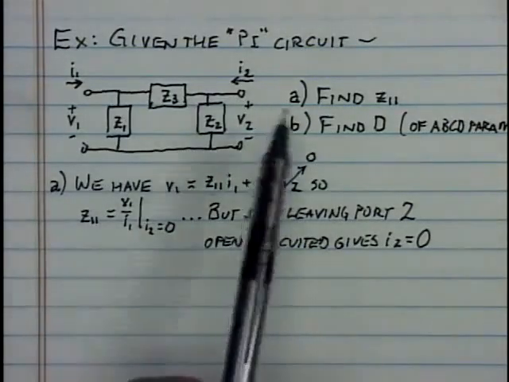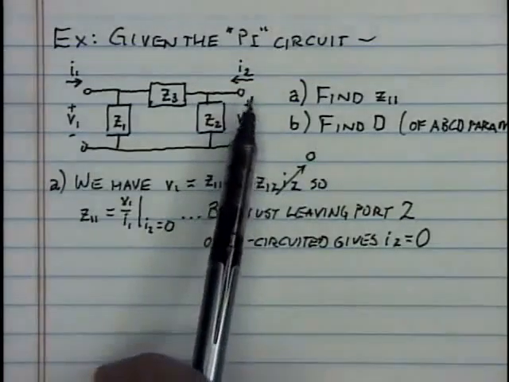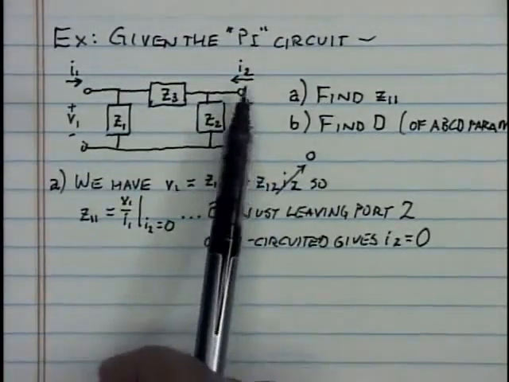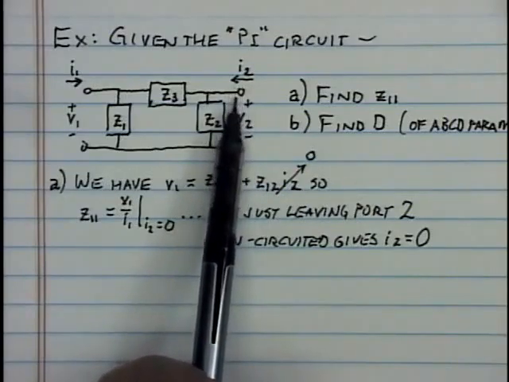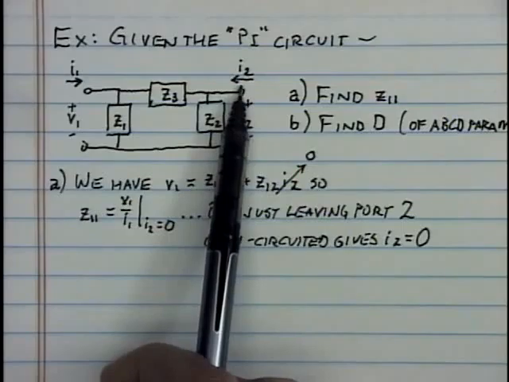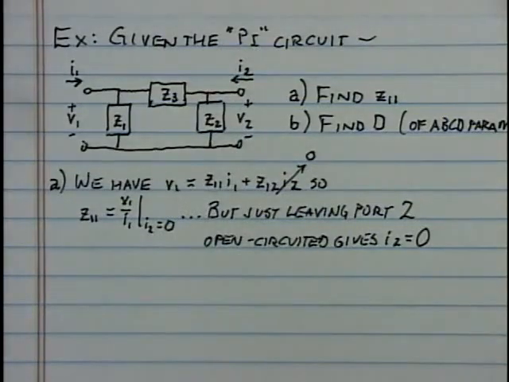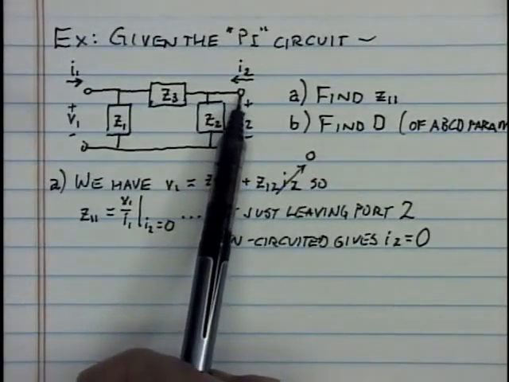If port 2 is open circuited, then there's going to be no current flowing into or out of port 1. Right? I mean, by Kirchhoff's current law, the sum of the currents flowing into or out of any particular node must be equal to 0. Well, there's only one path for current to flow in or out of this node.